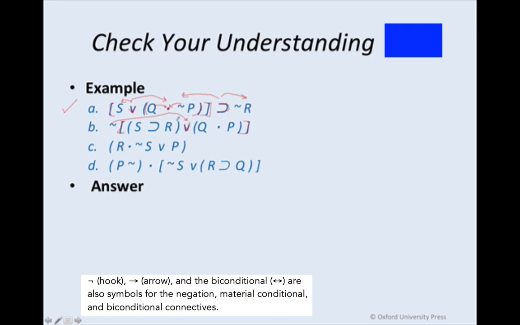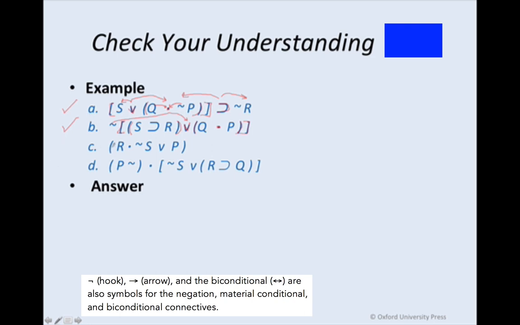On the left side of the disjunction, we have a conditional in parentheses, and on the right side of the disjunction, we have a conjunction in parentheses. So this one looks good.